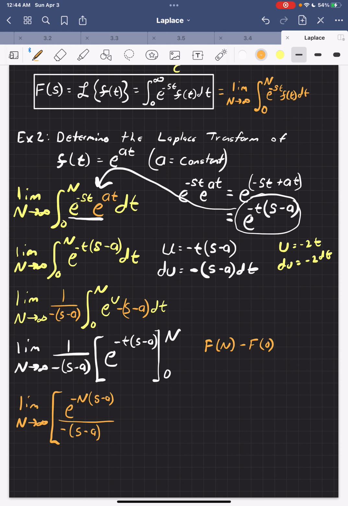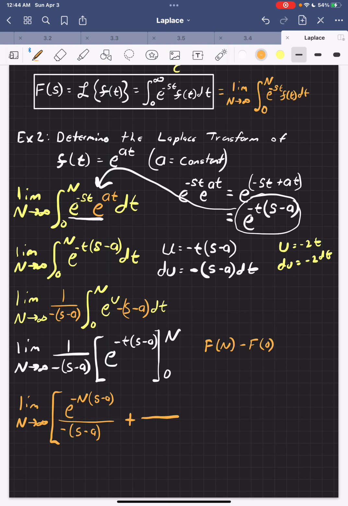So again, I'm going to end up with a plus symbol. It's easy for me to forget too, but I have a negative symbol here and a negative symbol in my fundamental theorem of calculus. So that negative ends up being plus. So plus.